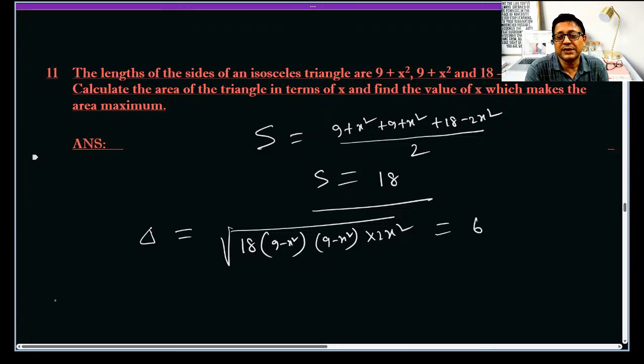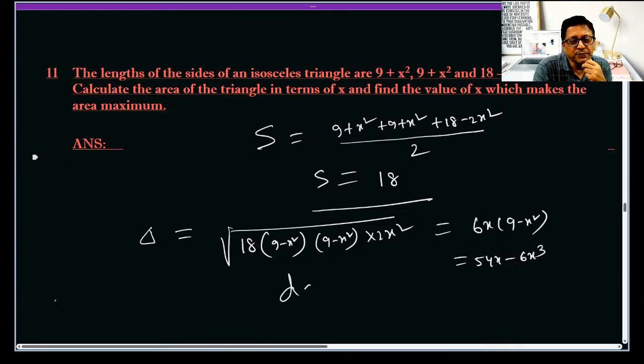It is 36 into 6x into 9 minus x square, isn't it? Now find the derivative of this and put d delta by dx equal to 0.